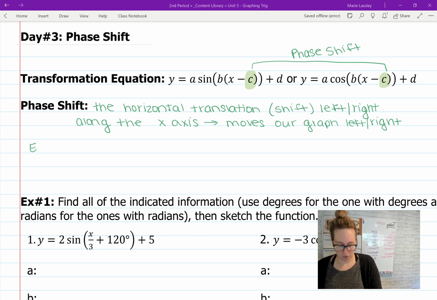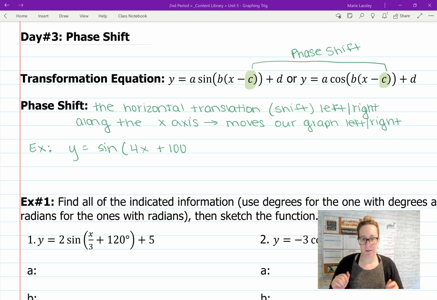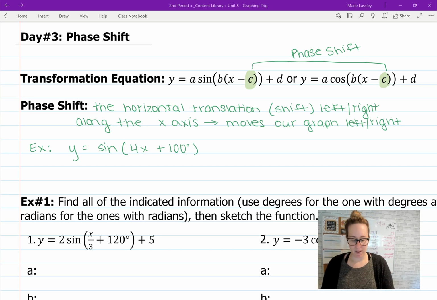If we had y equals sine of 4x plus 100 degrees, what a lot of people like to do is look at it and say, okay, this is my phase shift, plus 100.